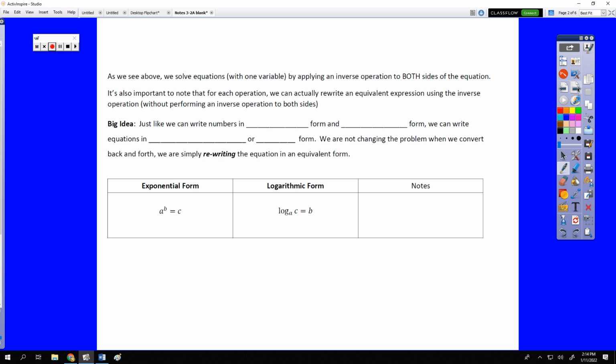So, as we saw on the last screen, when we solve equations, we apply an inverse operation to both sides of the equation to undo whatever operation is there and get the variable entirely by itself. For each operation, it's actually possible for us to rewrite the original equation using the inverse operation without actually carrying out that subtraction.